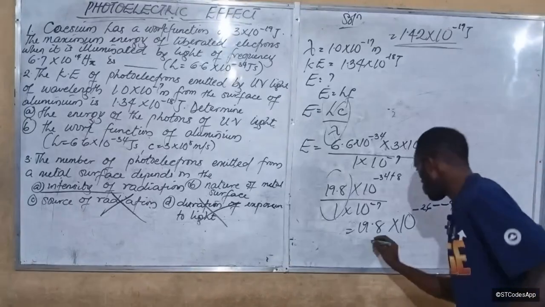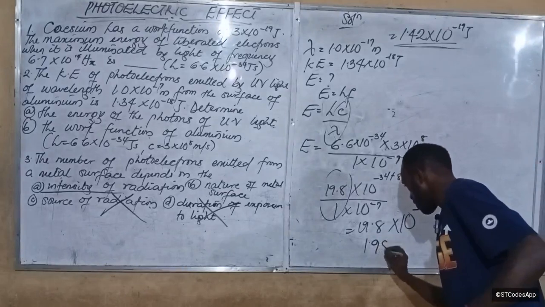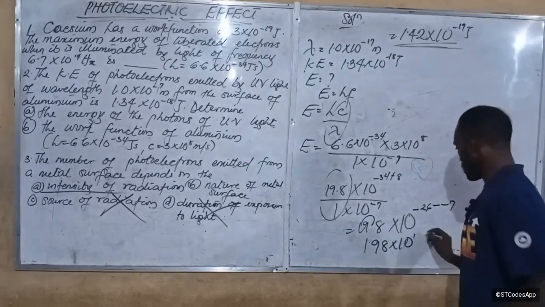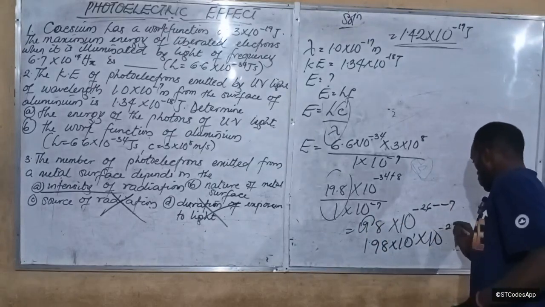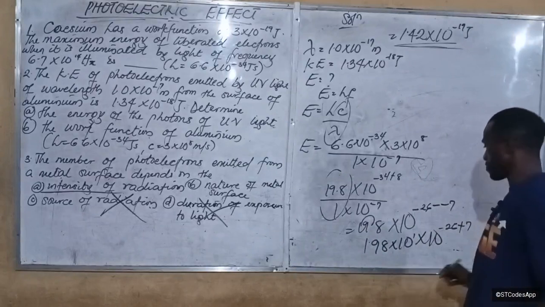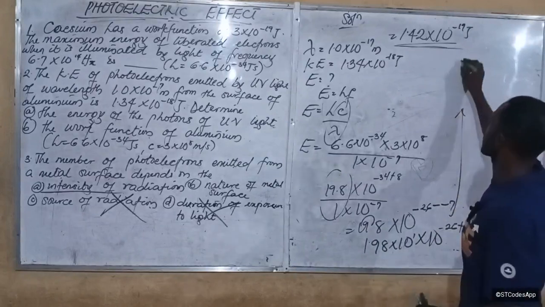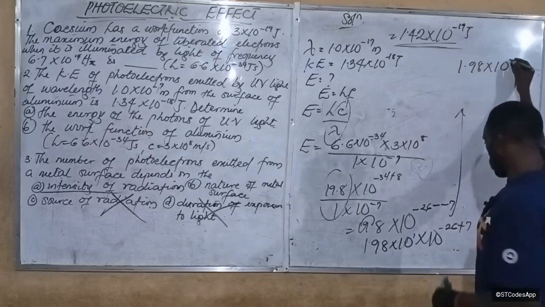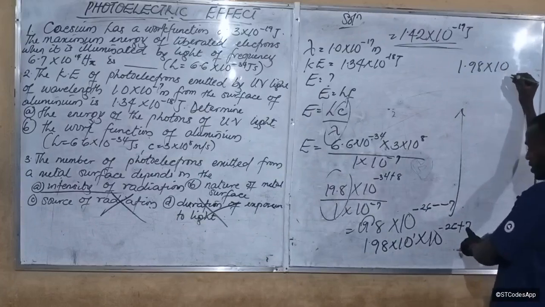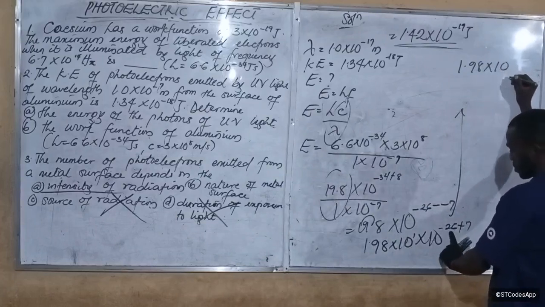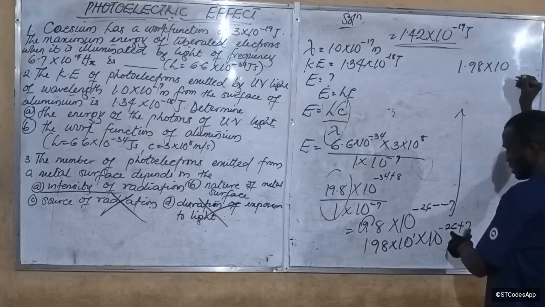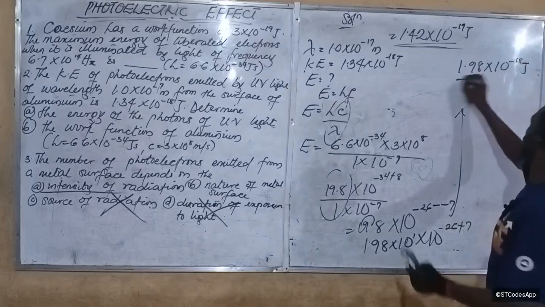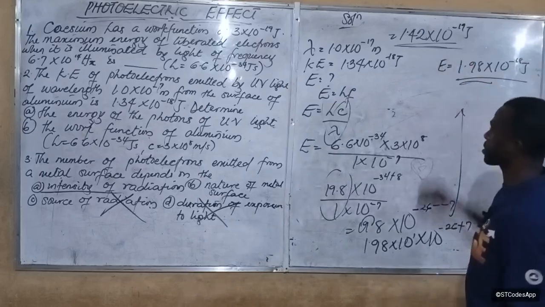I hope that is clear. So we have 1.98 times 10 to the power 1, I'll move the point here, times 10 to the power minus 26 plus 7. So this becomes 1.98 times 10 to the power 1 plus minus 19, which gives minus 18. What are we looking for? Energy, in joules. And that's going to be the answer: 1.98 times 10 to the power minus 18 joules.